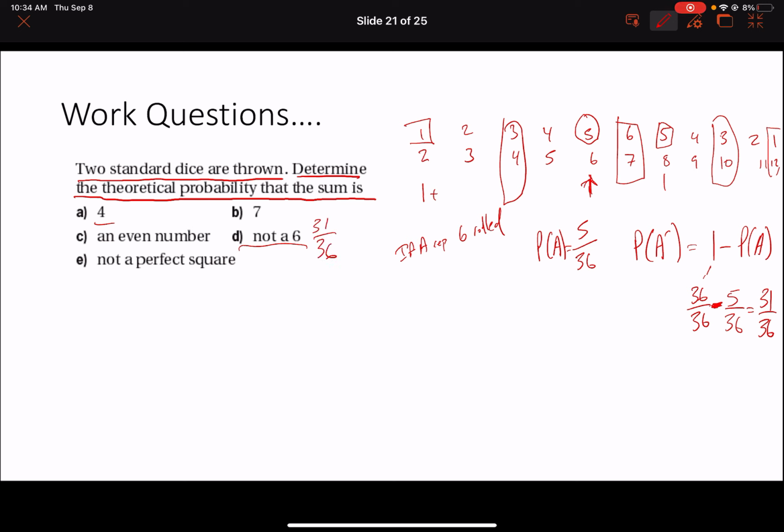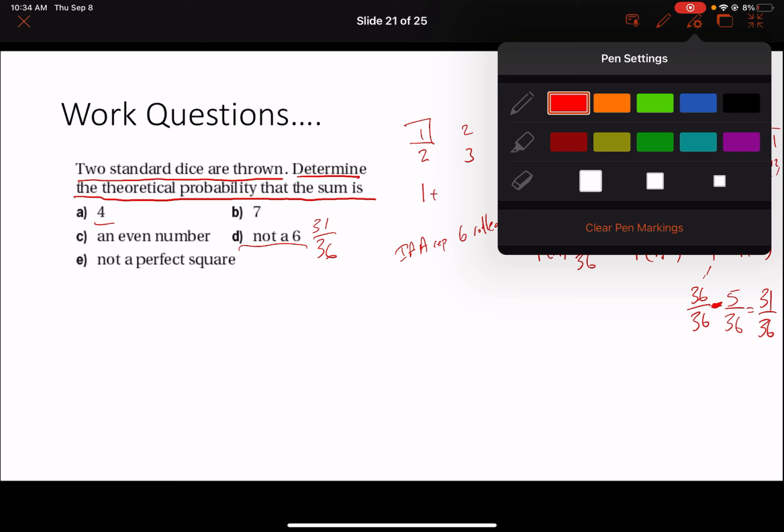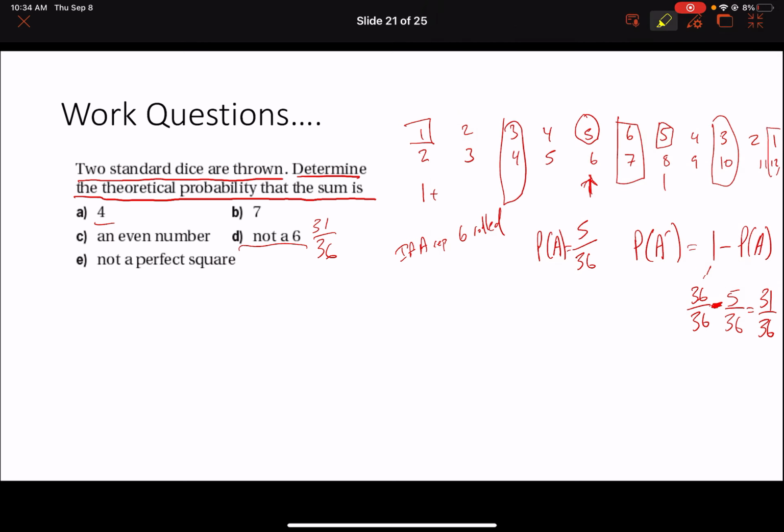And then we have not a perfect square. Well, we could add up. Where are our perfect squares? This is our perfect square, 4. We have a perfect square, 9, right? And those are our only perfect squares. We also have 1, but 1 doesn't exist. So 4 and 9 are our only perfect squares.